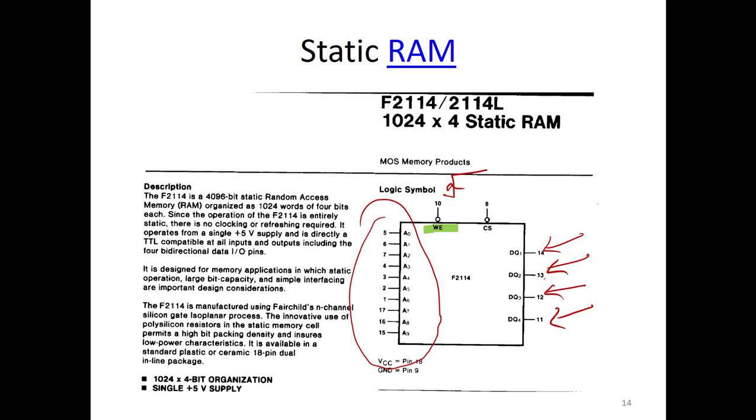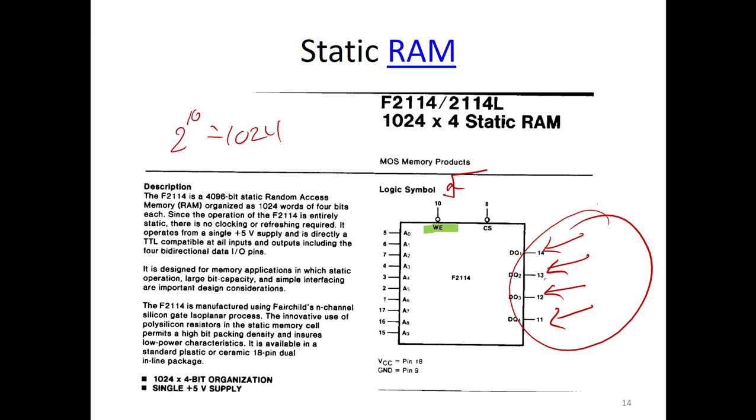So if you think about what we're looking at here, our address lines are labeled A0 through A9. So there are 10 address lines, which means there are 2 to the 10th equals 1024 different cells that we can write our data to. So 1024 different memory elements. Each one of those words would be 4 bits in width.